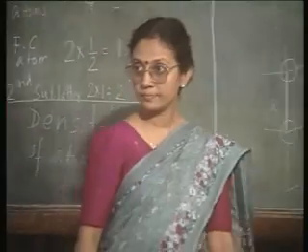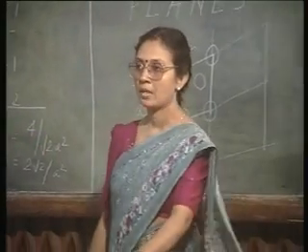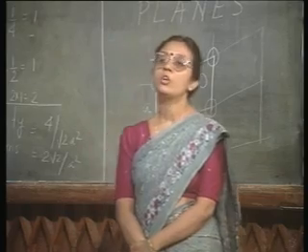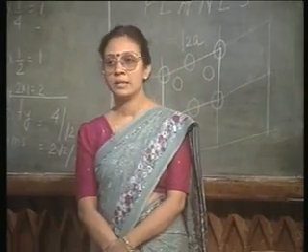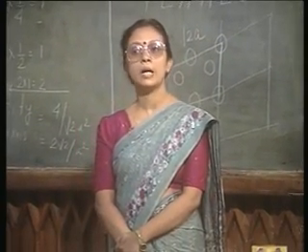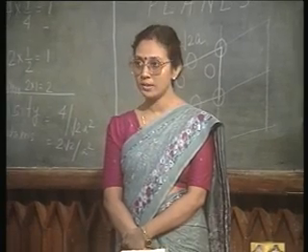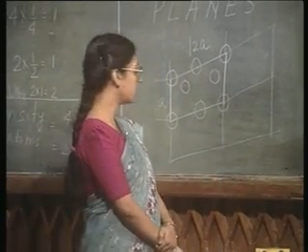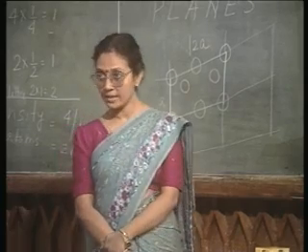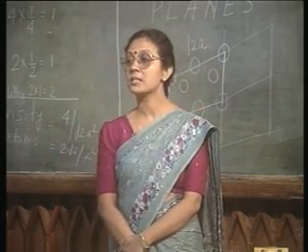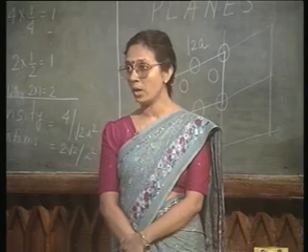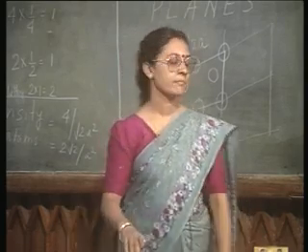Am I correct? So, you see, for 100 plane the atomic density was 2 by A square. For 110 the atomic density is 2 root 2 by A square. Therefore, atomic density is larger in case of 110 planes.